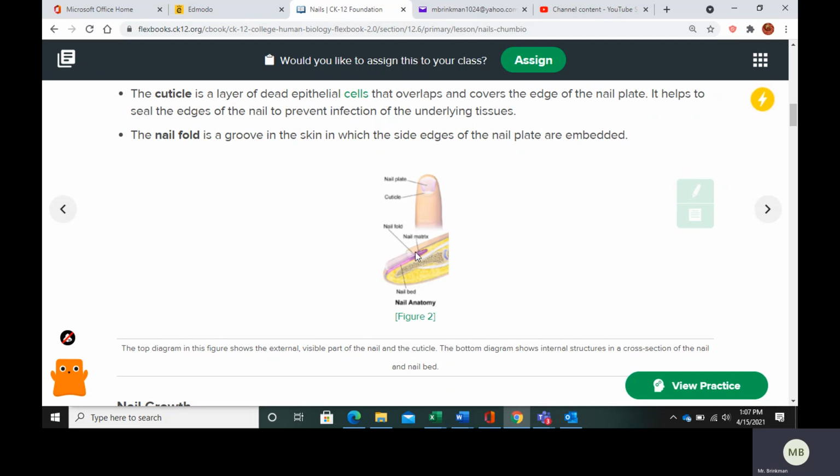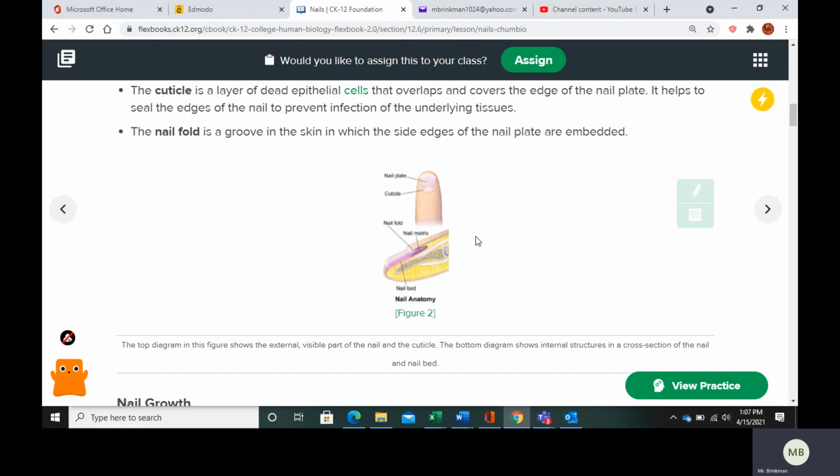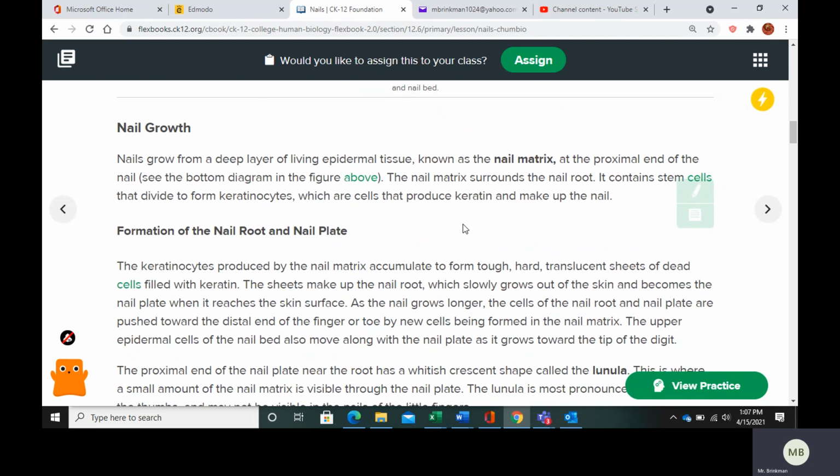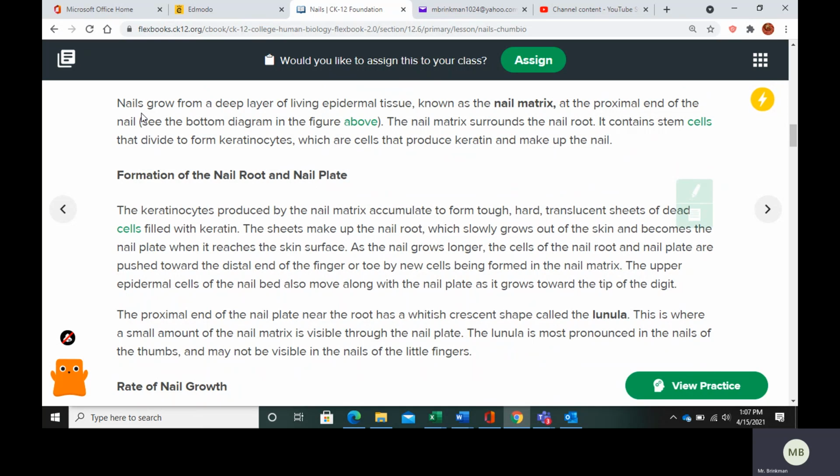So that's where the side of your nail is embedded. Nails grow from a layer of living epidermal tissue known as the nail matrix at the near end of the nail.